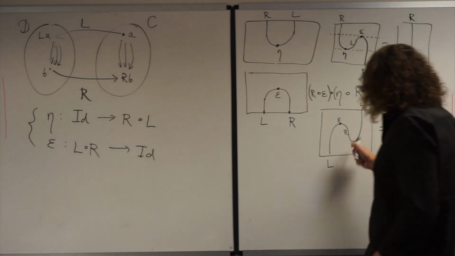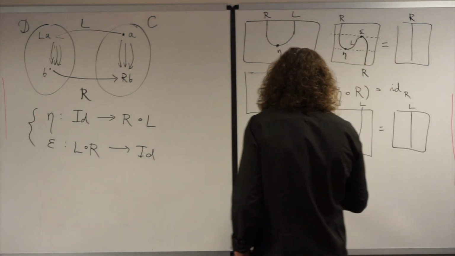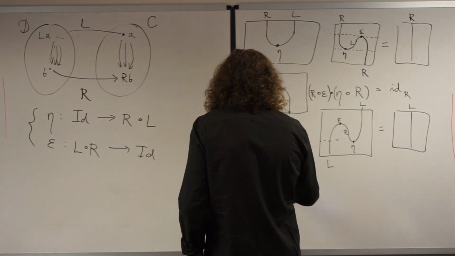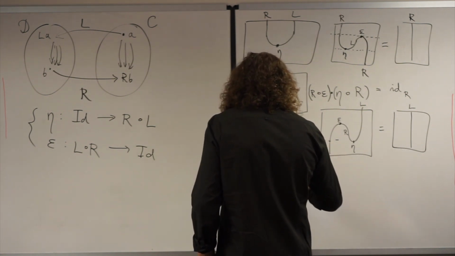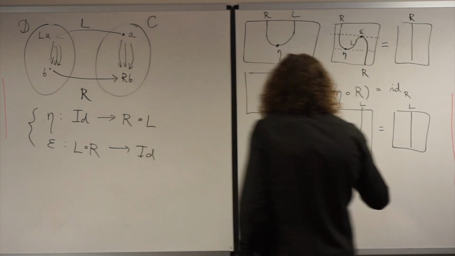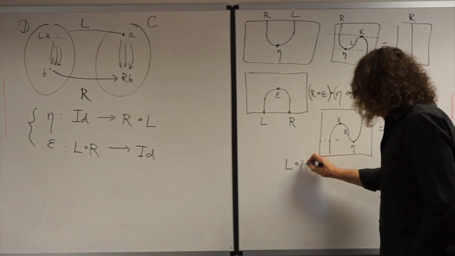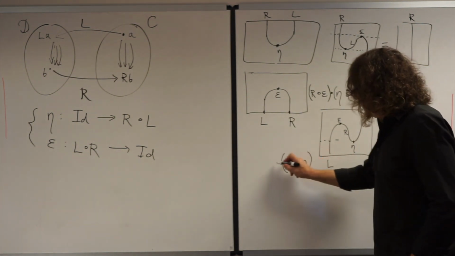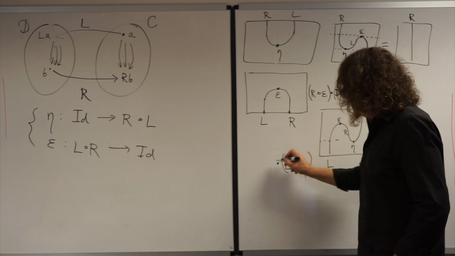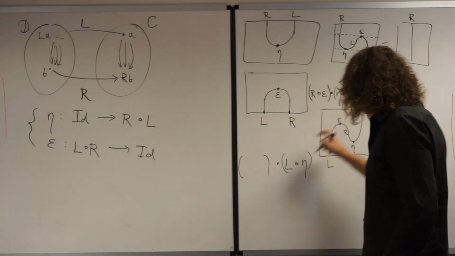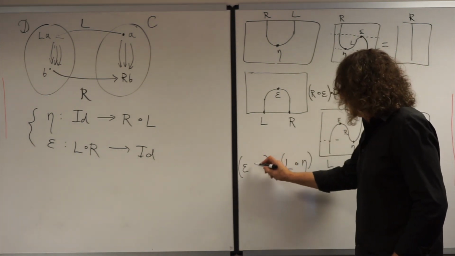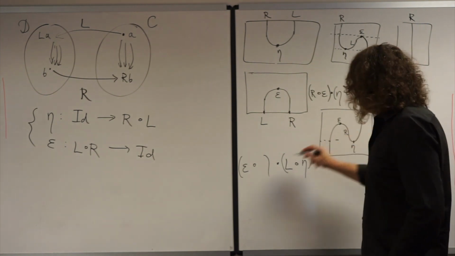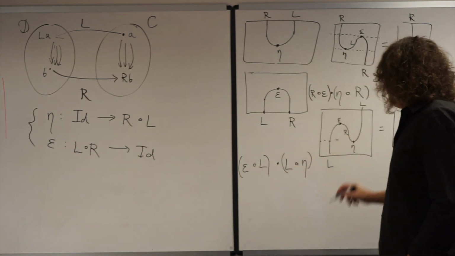And again, we can write it, you know, scanning it from the bottom. Okay, so first we go L after eta, right, and it's horizontal, now vertically composed with epsilon after L, right?